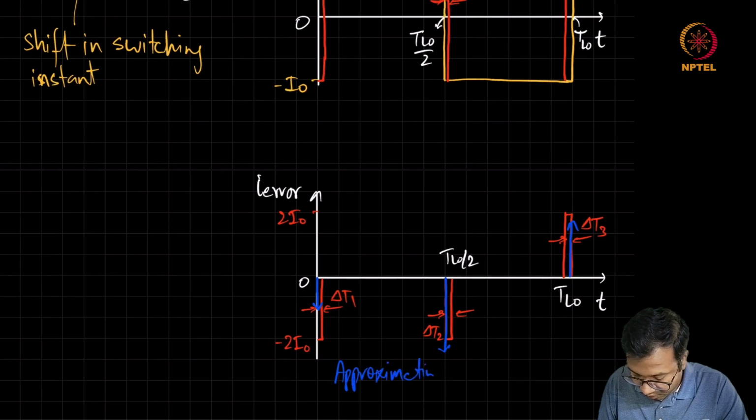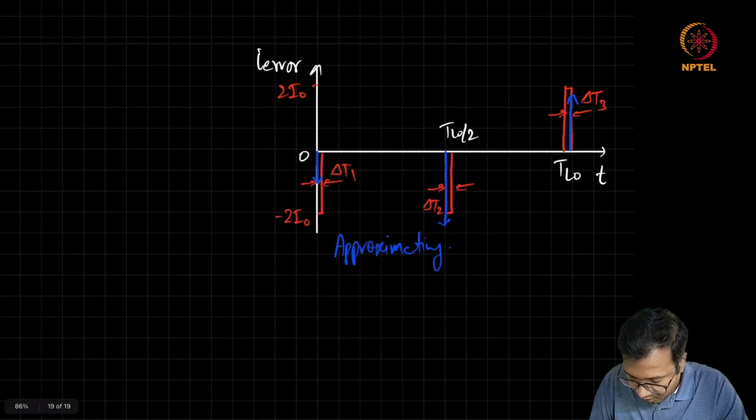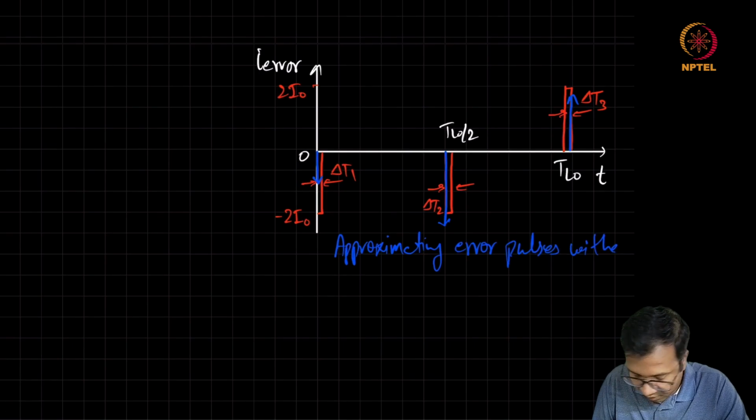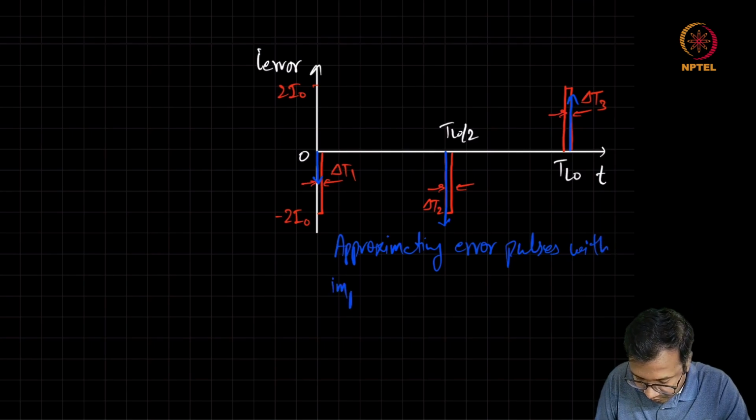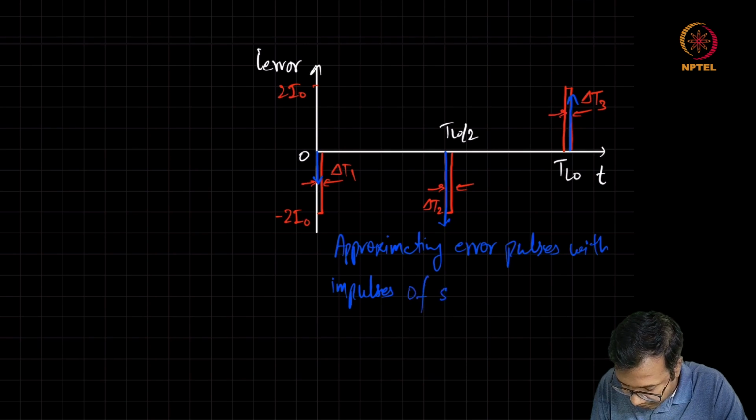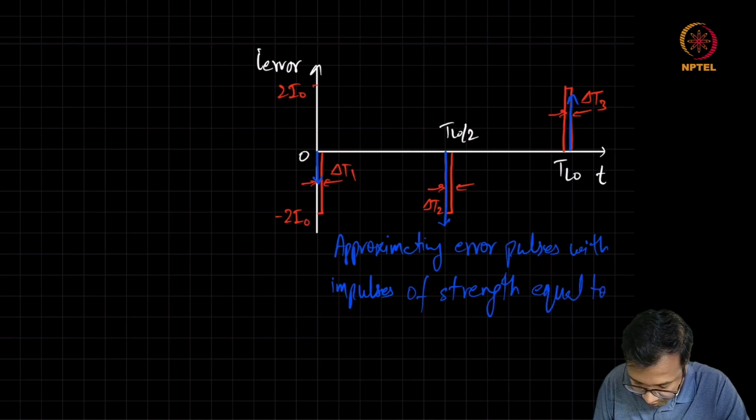Approximating error pulses with impulses of strength equal to pulse area.